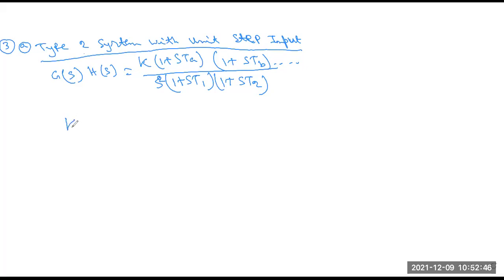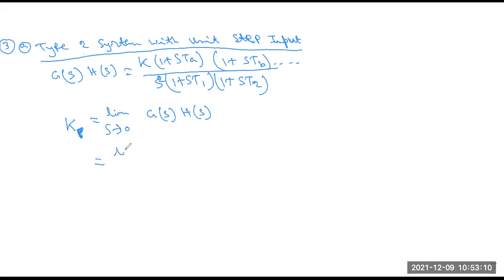For the unit step response, we know the proportional constant Kp is the position constant, that is why we use P for position or displacement. The expression is Kp equals limit s tends to 0 of G(s)H(s).